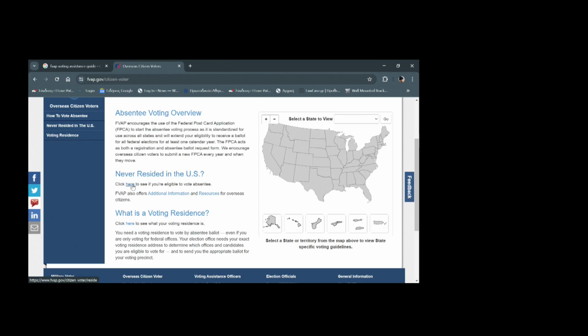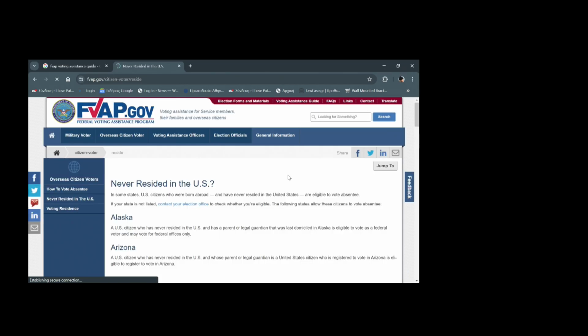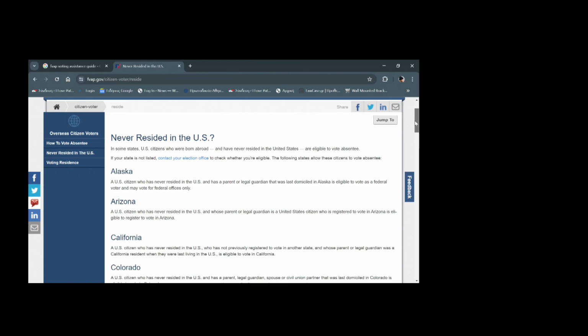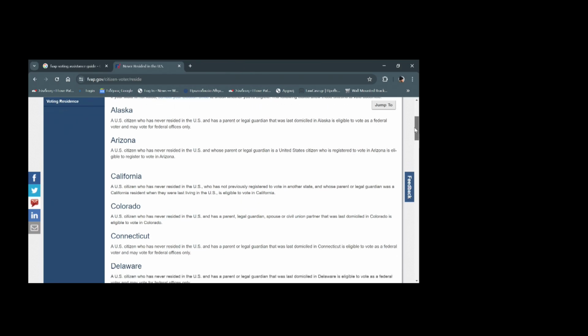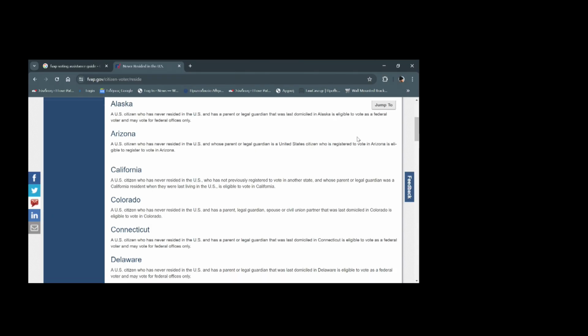Go to the FVAP webpage, and on the first page where the information on the overseas citizen voters is, click there, and there's some pretty detailed information per state on what you can have accepted as voter registration.